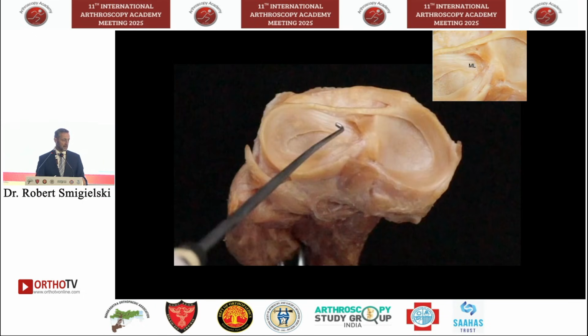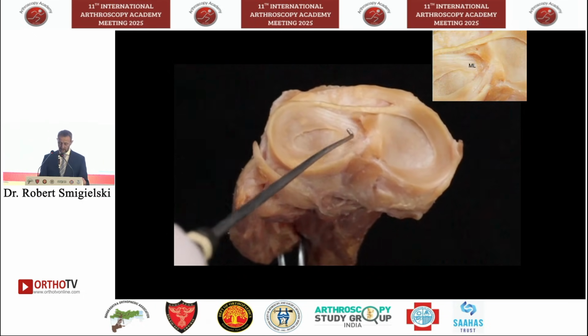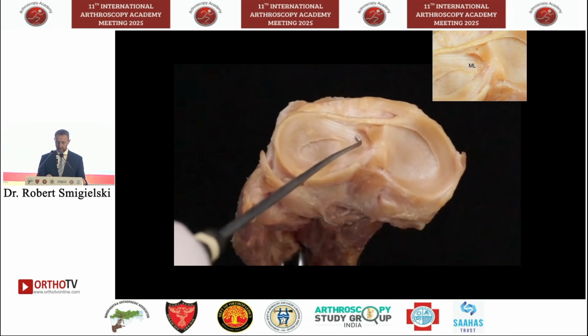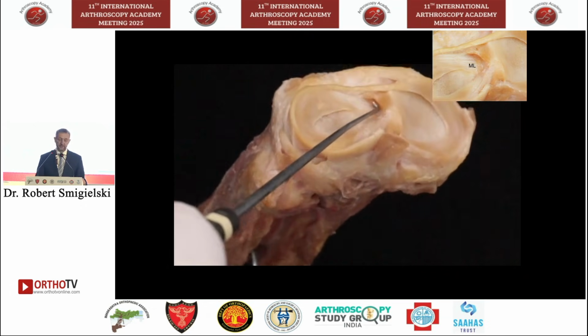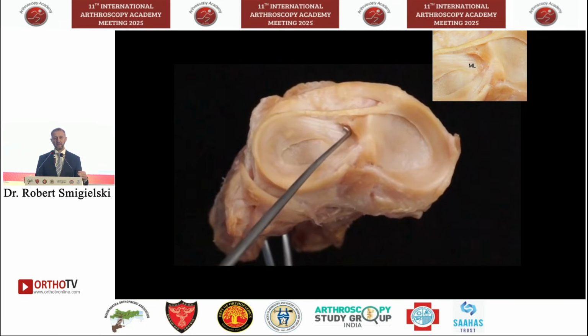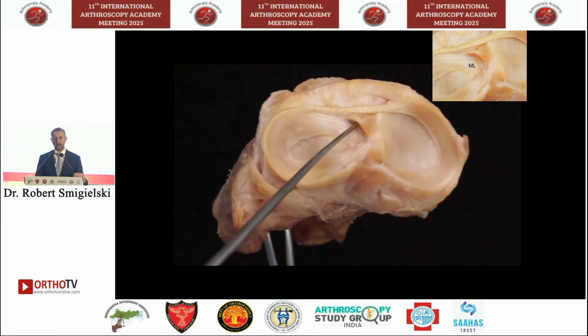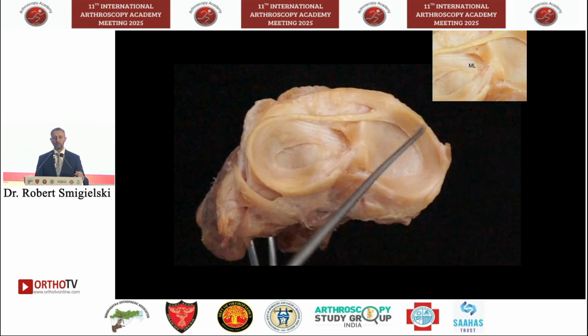What happens when we cut out the ACL close to the tibia? You can see here the stump of the ACL, and the ACL is attached to the tibia surrounding the anterior root of the lateral meniscus, which is very important. We have a very similar situation in the upper picture.